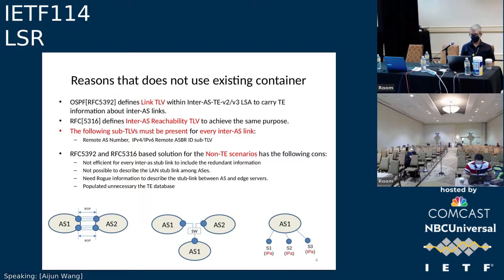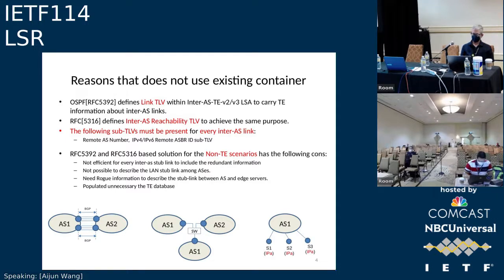So if we solve the problem based on these two RFCs for the non-TE scenario, then it will have the following cons. The first is that it is not efficient for every inter-AS stub link to include the redundant information, and it is not possible to describe the stub link among ASes.